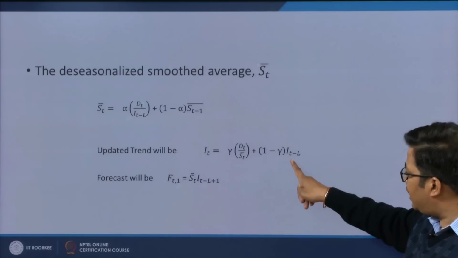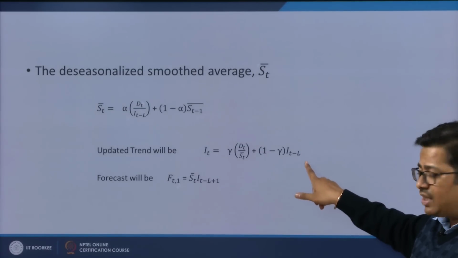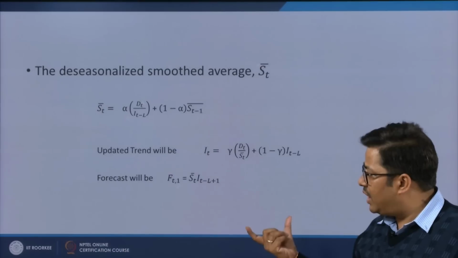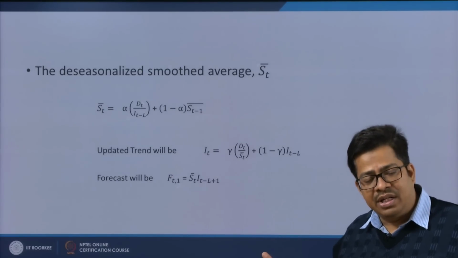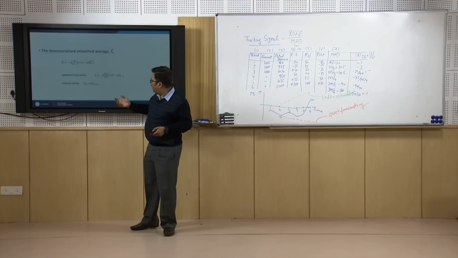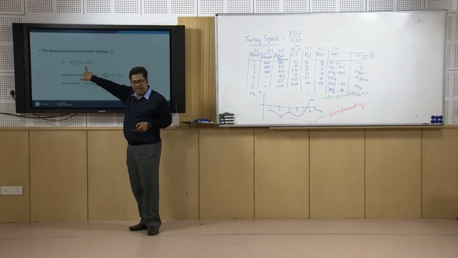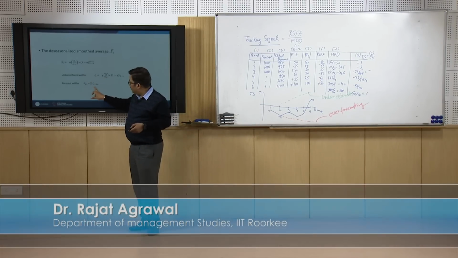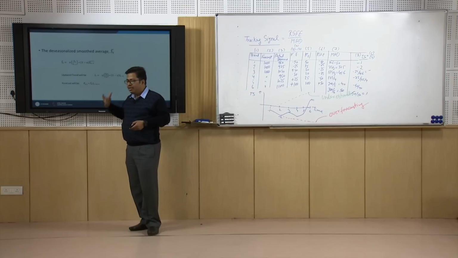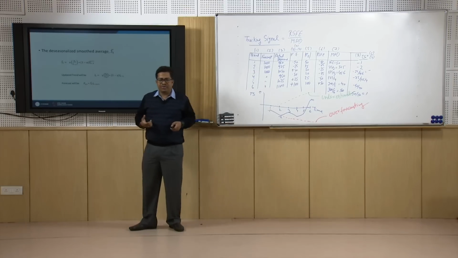This updated index of July 2017 will be used in 2018, not now. We get the updated base value, and we already have the old seasonal index, and multiplication of that will give us the forecast for August 2017.